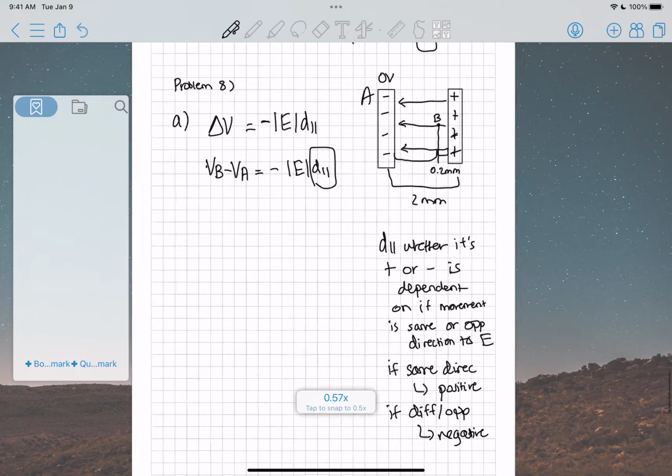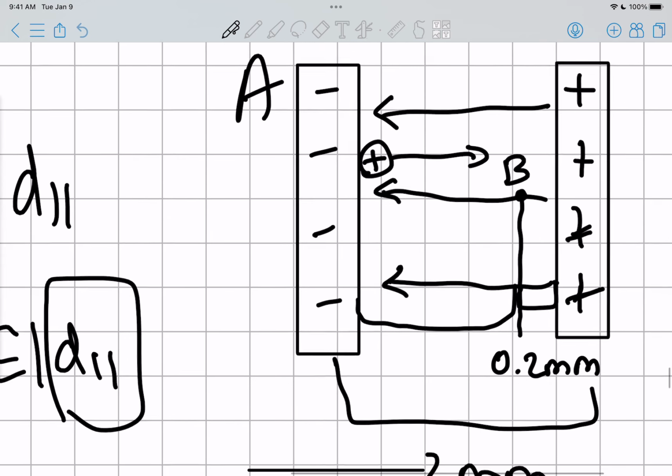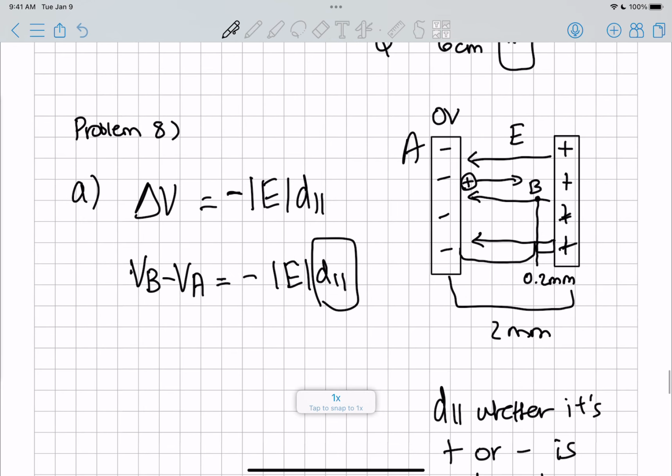So we have this little positive charge here, and we're just going to assume that it's trying to move to B. So it's moving opposite to the electric field, which is pointing to the left. Because it's moving opposite to the electric field, the distance would be negative. If instead it was moving from here to the left like this along the electric field, it would be a positive distance because it's moving in tandem with or in line with or along the electric field.